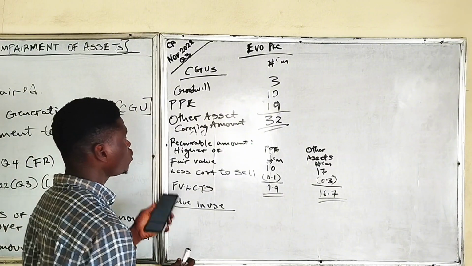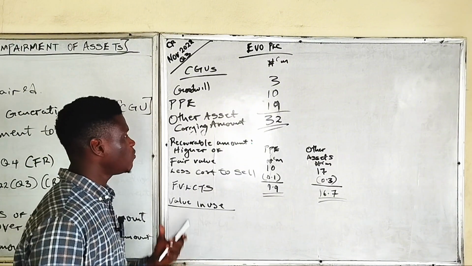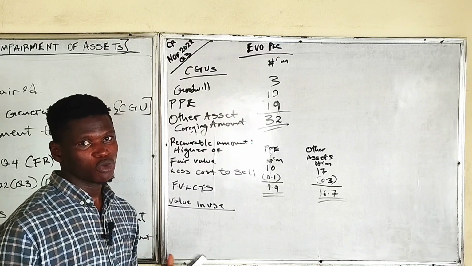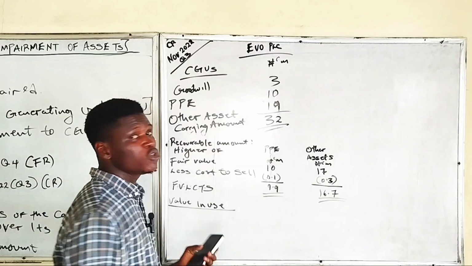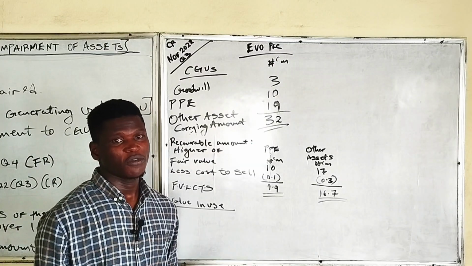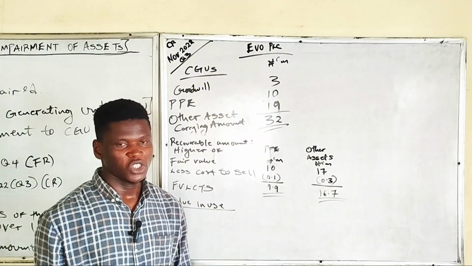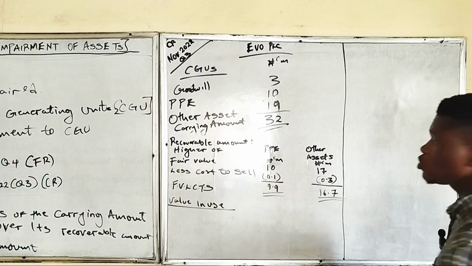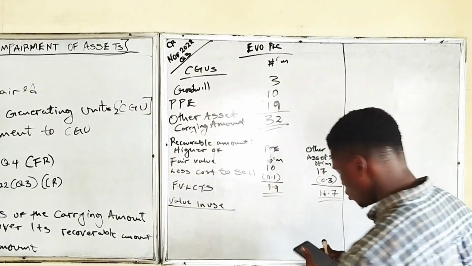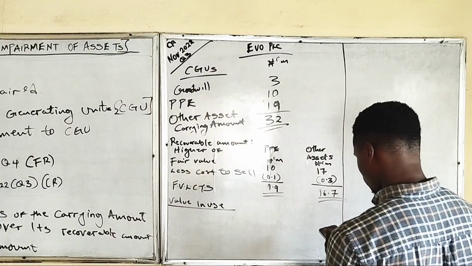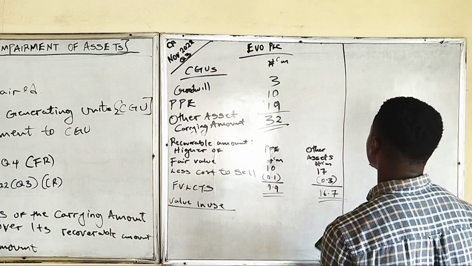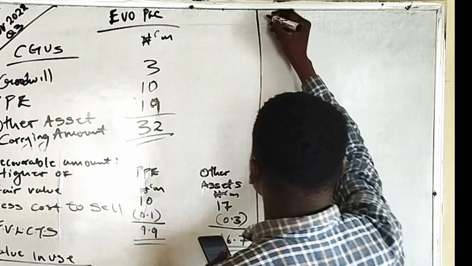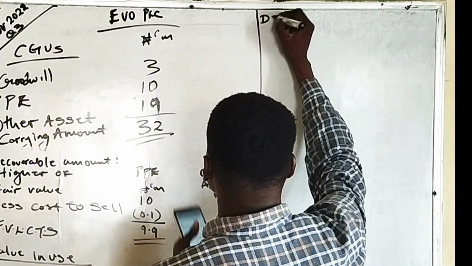So value in use, we said, is the present value of the future cash flows generated from the use of the assets. So the value in use of these assets will give us value in use for the CGU.